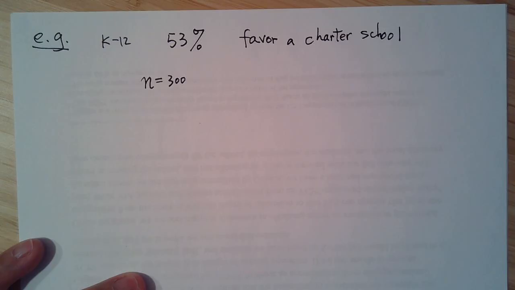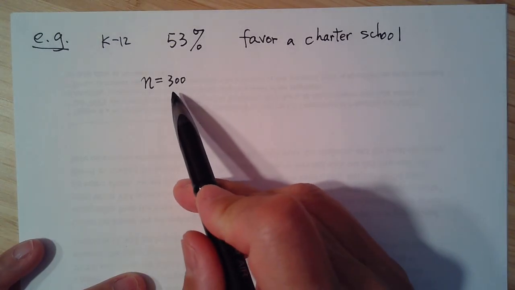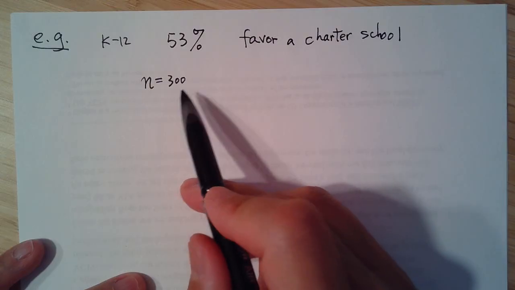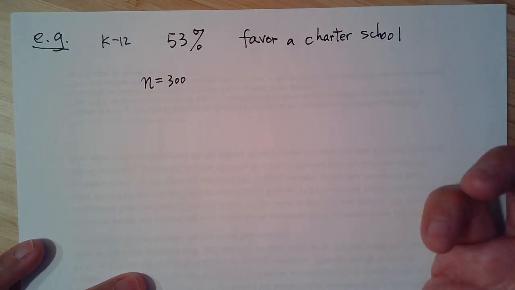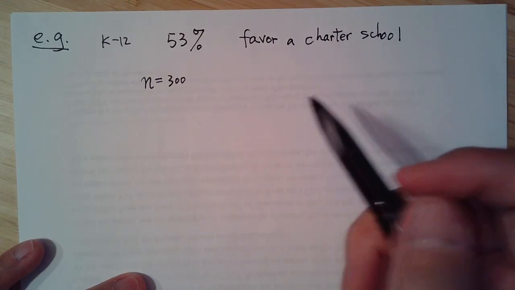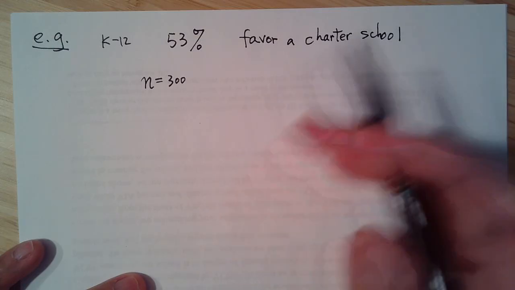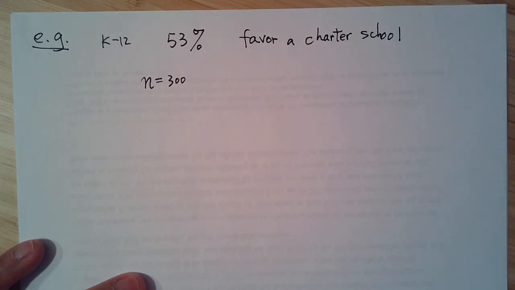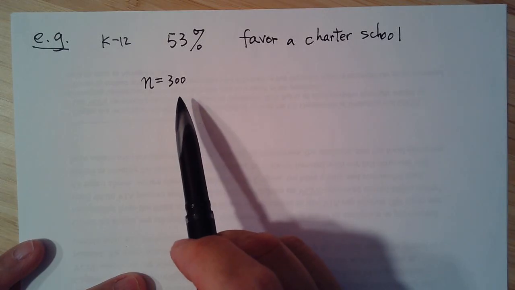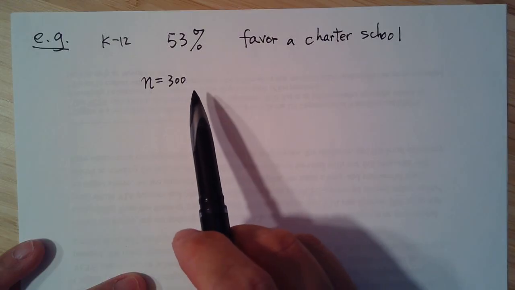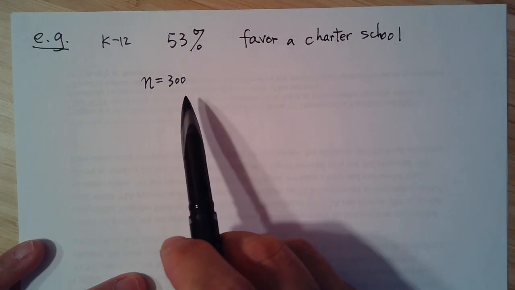All right. So you randomly select 300 people. You ask them, do you favor a charter school? He's going to answer you yes. He's going to answer you no. So 2 possible outcomes for 300 total trials. And each one's answer is independent of the others.